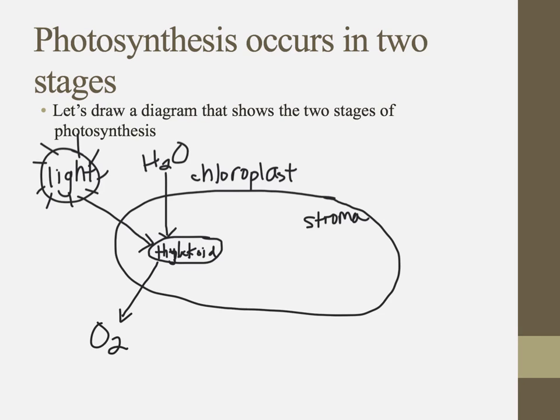Now I'm left with these hydrogens. These hydrogens need to somehow make it over here for the next process, but they can't go on their own. We're going to send in a carrier molecule, and that carrier molecule is going to carry these hydrogens as well as some of the electrons that were released from this process. So we're going to send in a carrier called NADP.